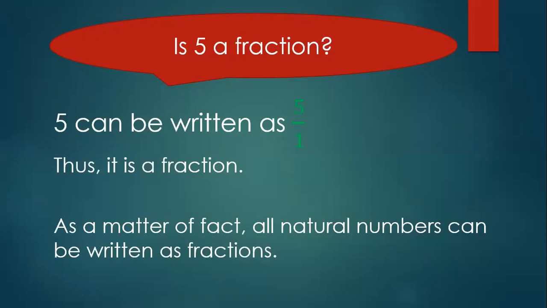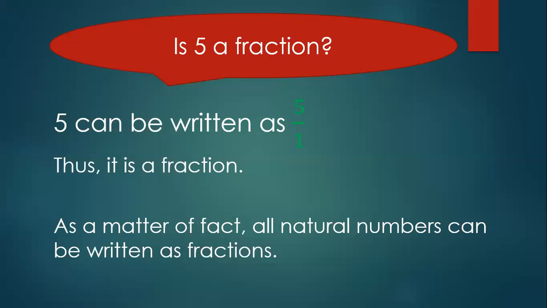So no matter whatever whole number or natural number we have, it can be written as a fraction. The only thing to remember is that the denominator is not supposed to be 0. If the denominator becomes 0, that particular number is not defined in mathematics.